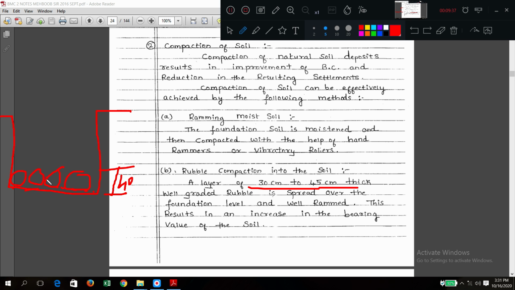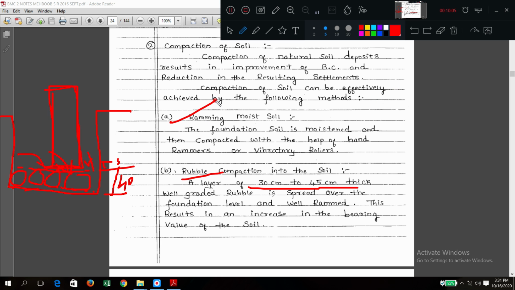Up to 40 centimeter thick, you put the boulders or rocks, and over this you put a small layer of soil, and you ram it. What will happen? It will create one stable base for the foundation which is coming here. So by putting rubble stones and compacting, it also increases the bearing capacity.